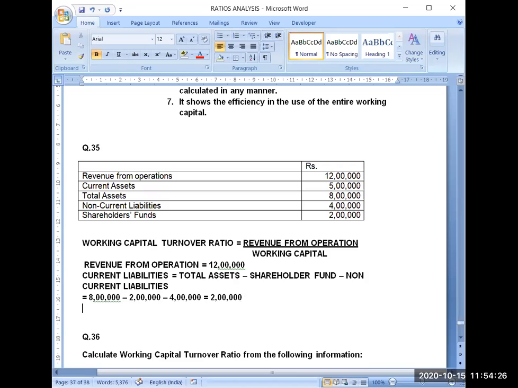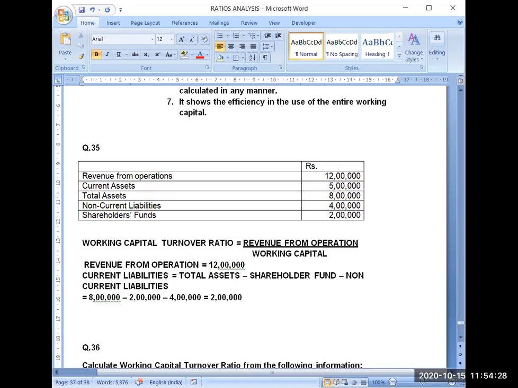Now you have got the value of current liabilities, so you will be able to calculate working capital easily. Working capital is equal to current assets minus current liabilities.